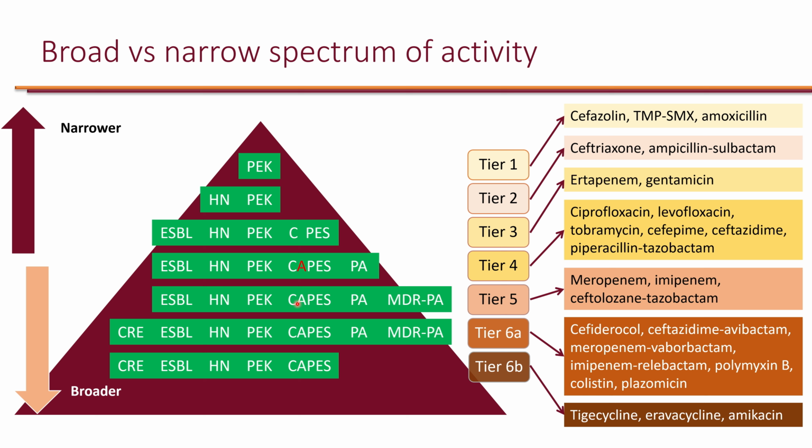And even at tier 5 and 6, even though I have A here in case for Acinetobacter, you really need to check for susceptibility, because Acinetobacter may or may not be resistant to these agents, because again, it's really easy for Acinetobacter to develop resistance to multiple classes of antibiotics.